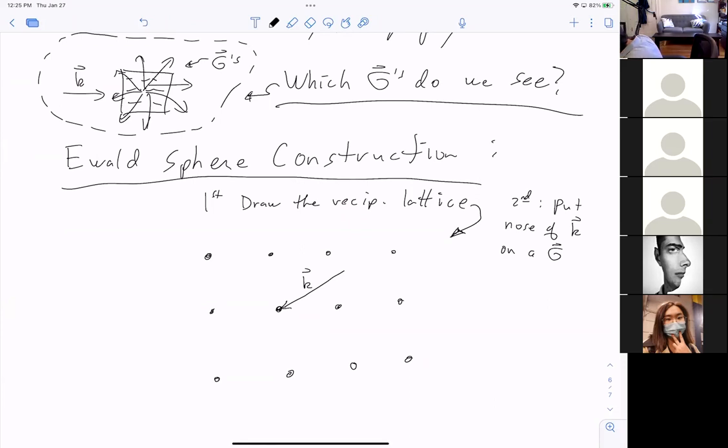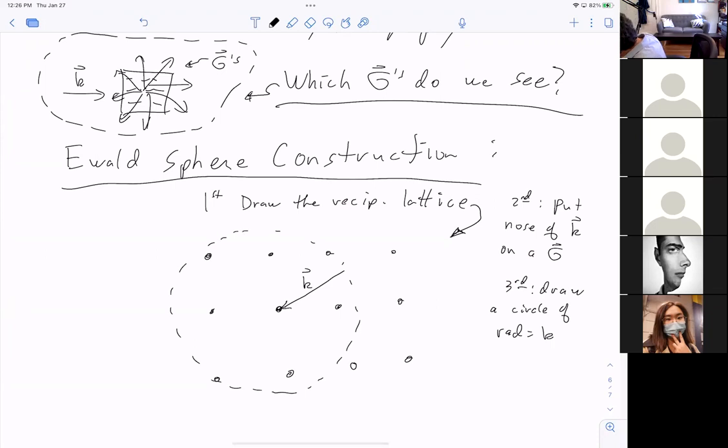And then third, I draw a circle of radius equals K. All right, so now let's draw that circle. I have trouble drawing circles. Okay, that's the circle. You see it?